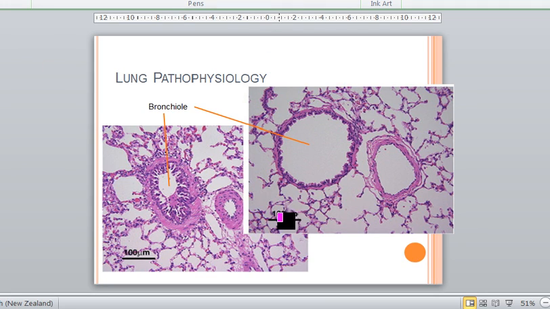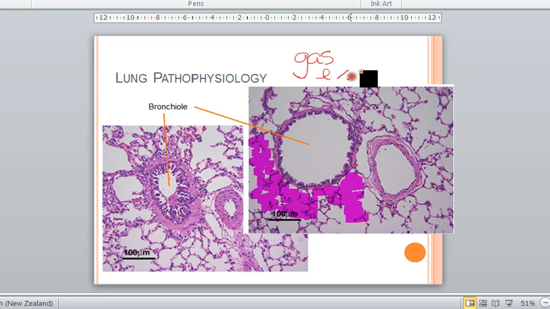With a restrictive condition, you will have damage to the parenchyma of the lung. So now you will have fewer areas where gas exchange can occur. Gas exchange is impaired from a different perspective: it is impaired because the respiratory membrane is affected, and also because if you have fibrosis and a change in the composition of the parenchyma, this becomes less elastic.